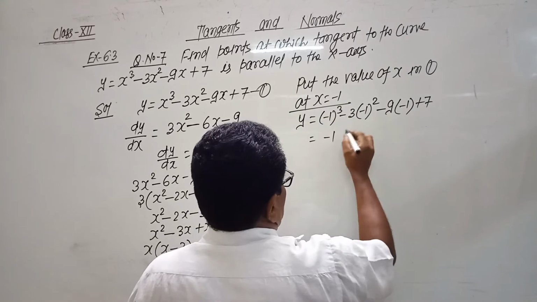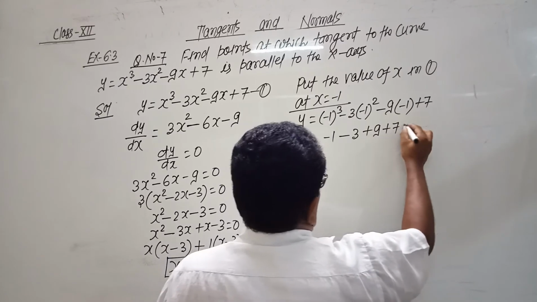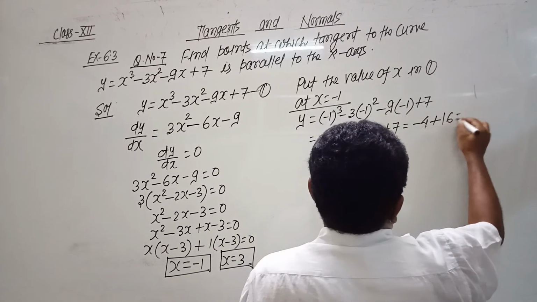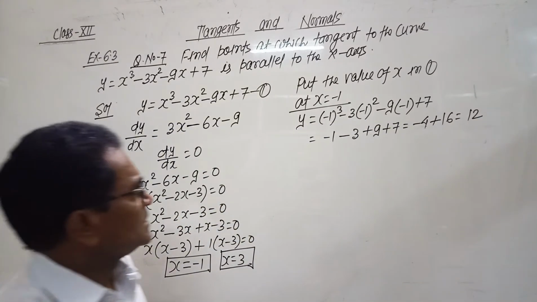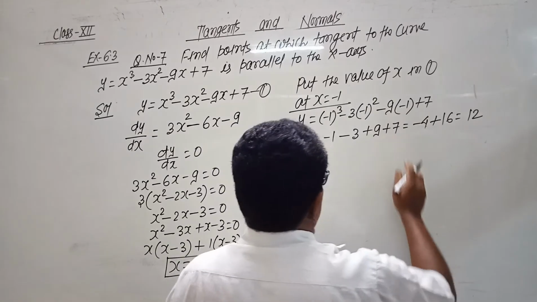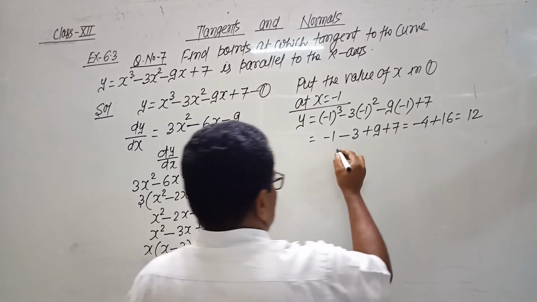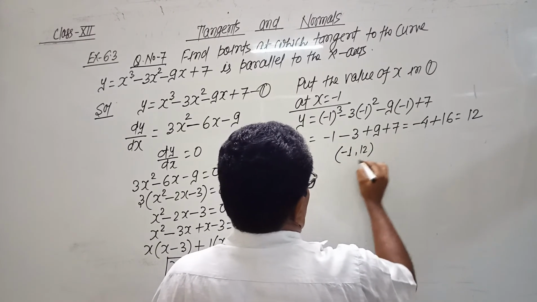So we get -1 minus 3 plus 9 plus 7. So -4 plus 16, which is 12. So at x equals -1, the value of y is 12. It means the point is (-1, 12).